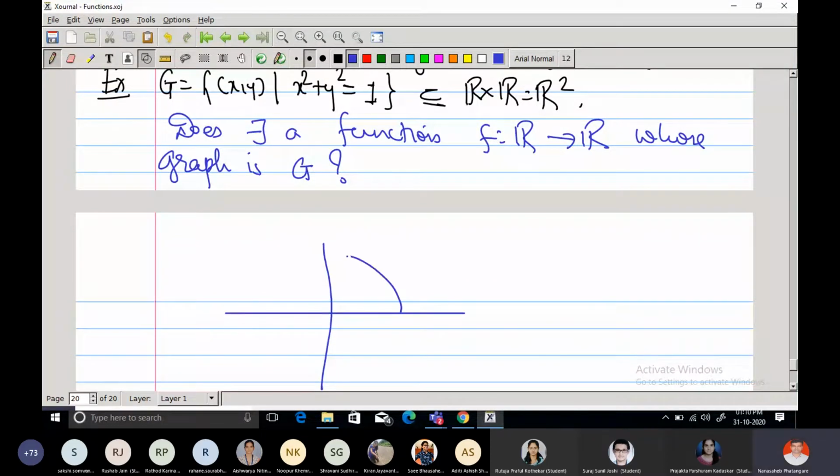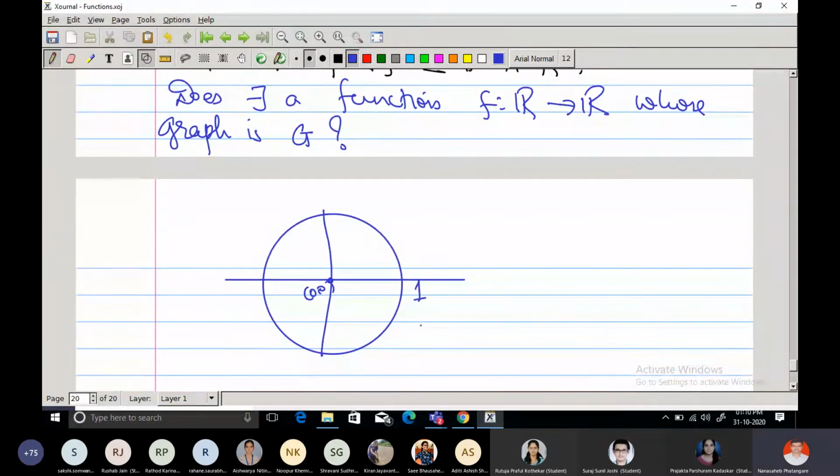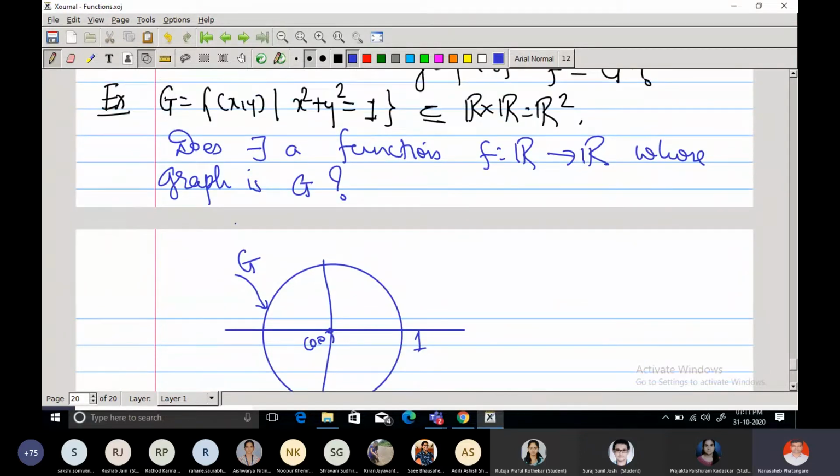So it is a circle of radius 1. So this is a circle. Now this is my set. This is a subset of R2, and this is my set G. Every point on the circle. Right? Now is it a graph of some function?